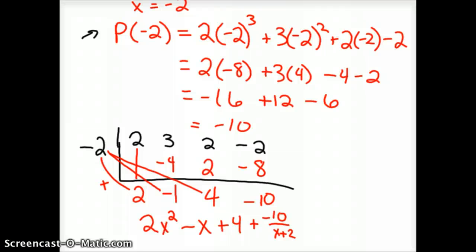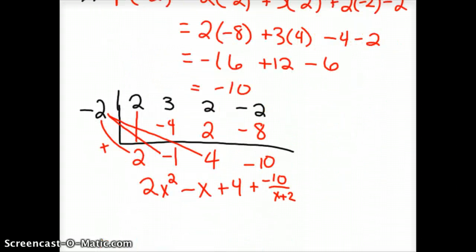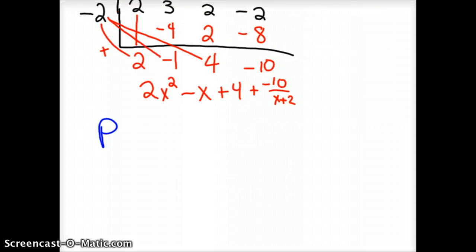And so let's go ahead and try it for the second one, which was 2x minus 1. So in that case, 2x minus 1 equals 0. So you add 1, and so 2x equals 1, so x is equal to 1/2. So now we're going to use 1/2 and see what that remainder is. So again, we'll find out what p of 1/2 is.